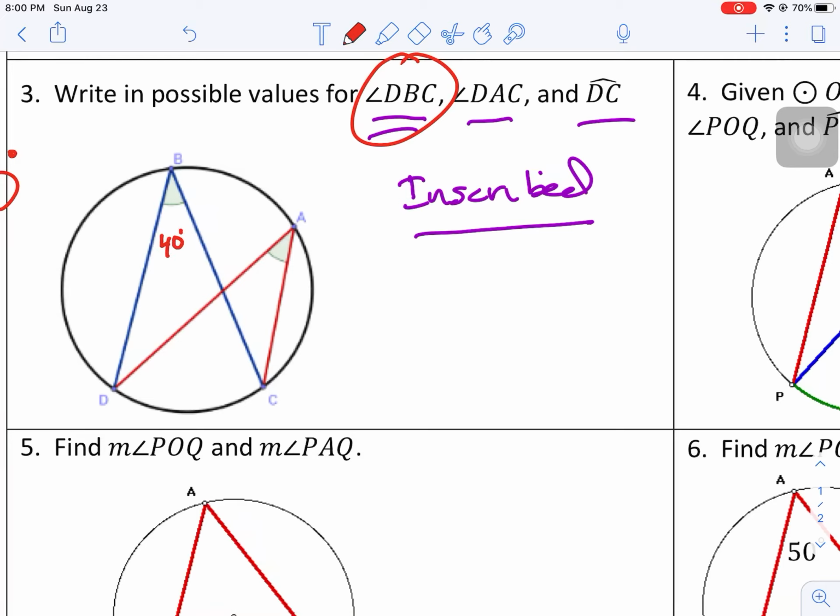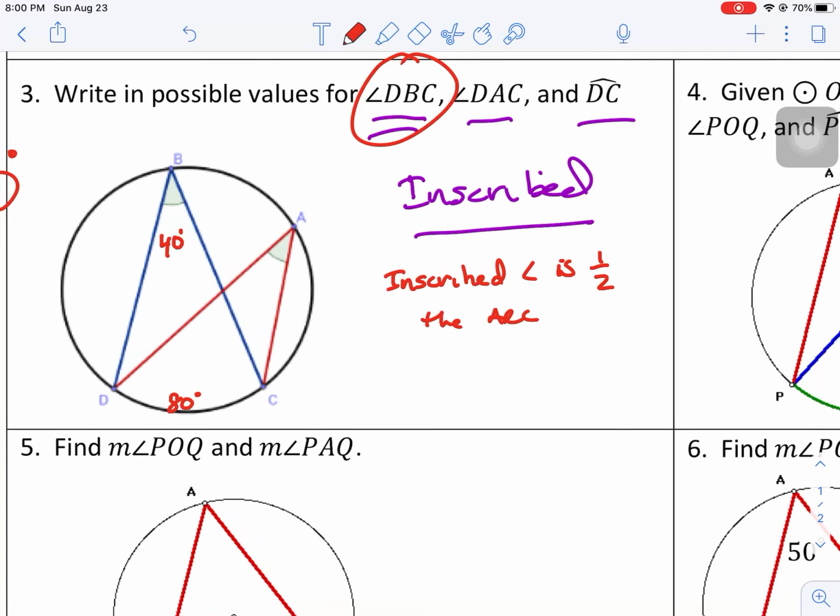Well, if we know or remember the inscribed angle, let's do it this way. The inscribed angle is half the arc. So if the inscribed angle is 40 and it's half the arc, that means the arc has to be 80 degrees. Arcs are also in degrees, okay?